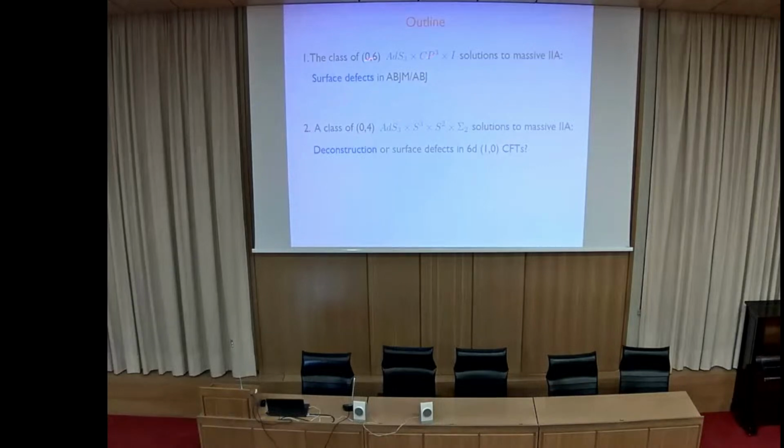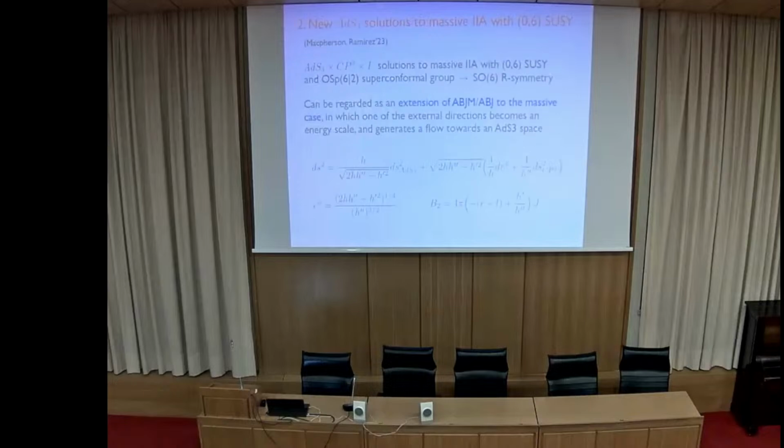And then this will be most of the talk, but more briefly, I will discuss this other class of AdS3 solutions with 0,4 supersymmetries, also to massive IIA, and we will see that we can interpret this as the construction of 6d CFTs.